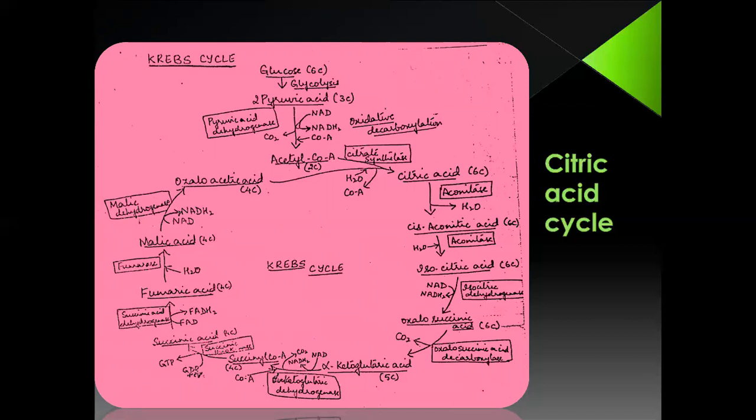Then we have 2 FADH2 molecules, and each FADH2 can give 2 ATP molecules. Therefore, when these 2 FADH2 undergo oxidation, they give out 4 ATP molecules. So totally 2 from GTP, 24 from 8 NADH2, 4 from 2 FADH2. So totally I have 30 ATP molecules.